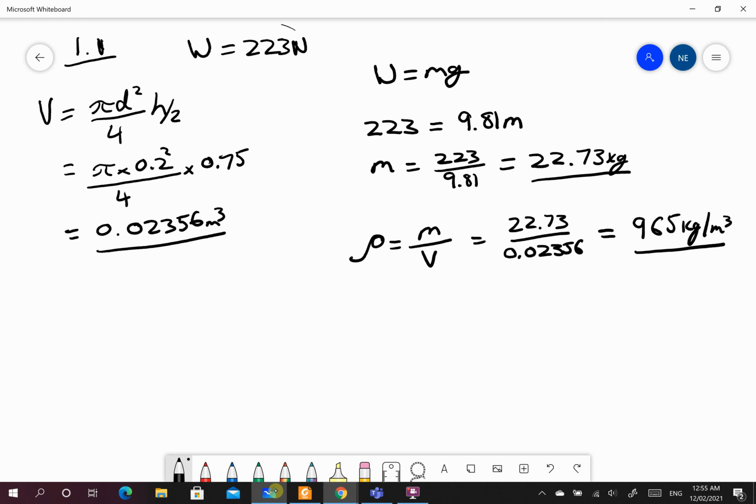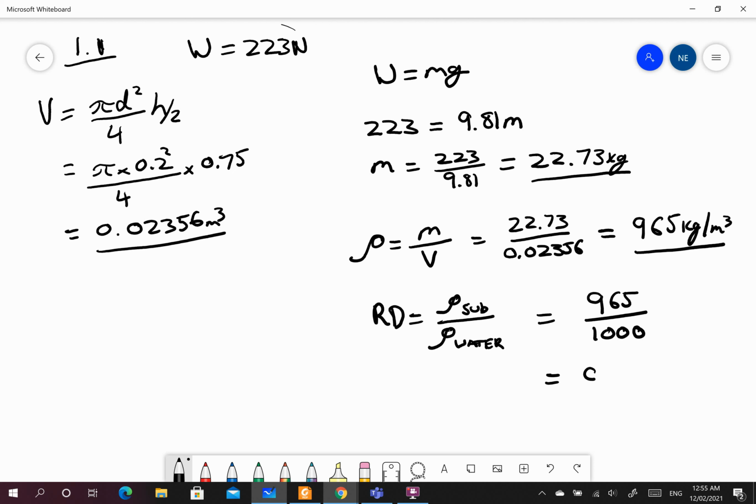The other thing that we need to find out is my relative density, which, if you remember, is rho of the substance all over rho of water. So this is equal to 965. The rho of water is 1,000, roughly.